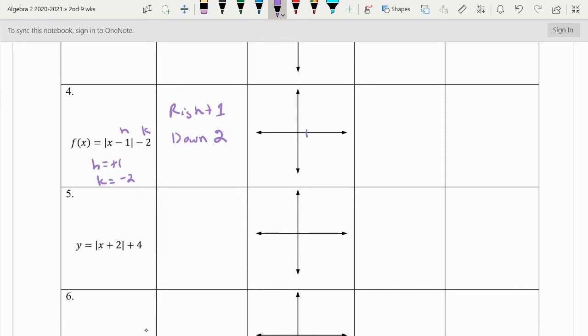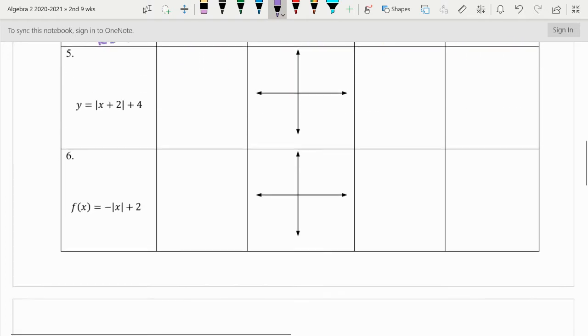So I'm going to make 1 tick mark to the right, 2 tick marks down, and right there will be my vertex, and it will open out like this. Remember, the parent function is like this. So this shows it moving over 1 and down 2. Domain is still all real numbers, and the range has now moved down 2, so it's going to be negative 2, and it still opens up to infinity like that.